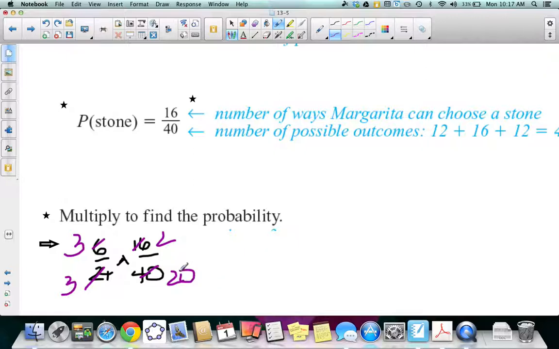To multiply the numerators and denominators directly, you have 6 over 60, or 1 over 10.